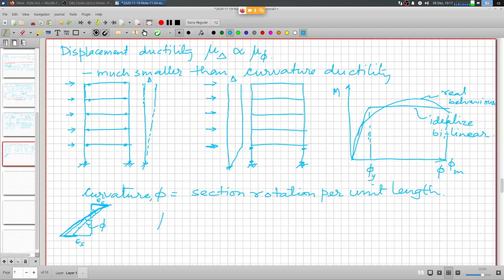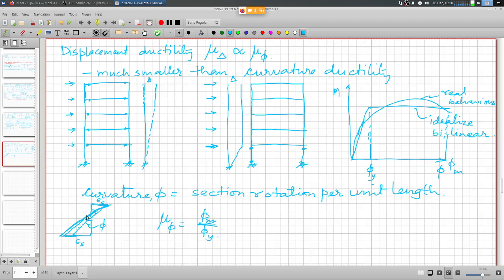So the curvature ductility is, of course, phi m, the maximum curvature, divided by the yield curvature. How do we define the yield curvature? It is at the yield level, based on the elastic analysis.